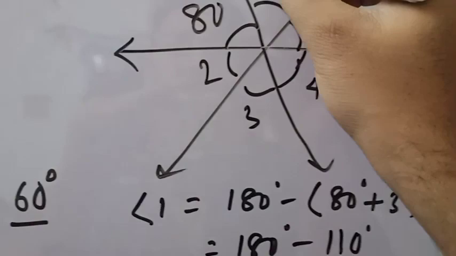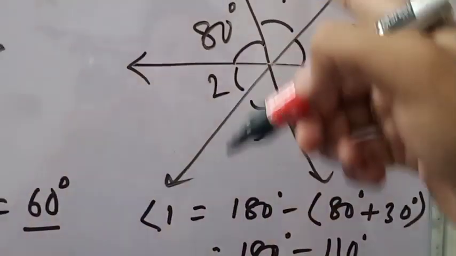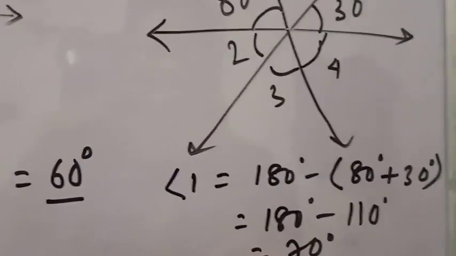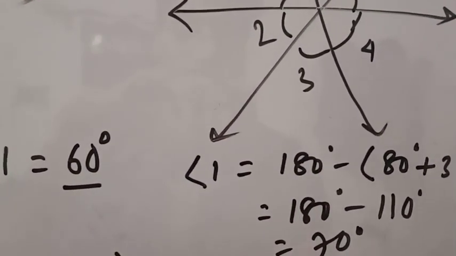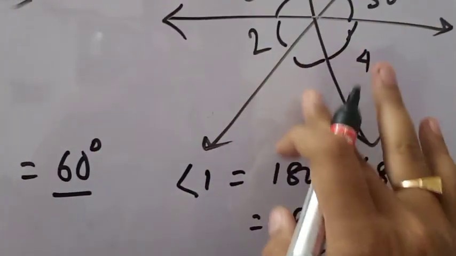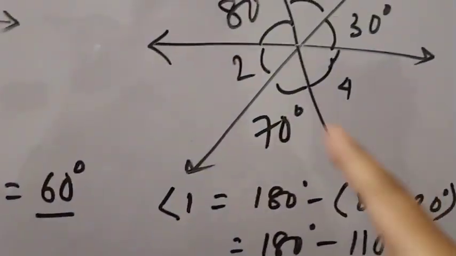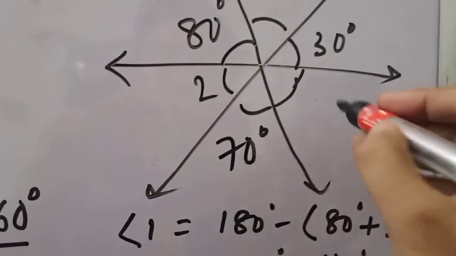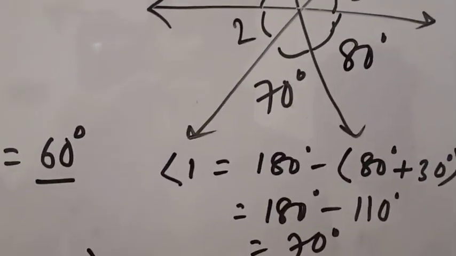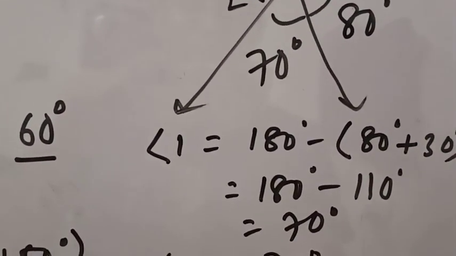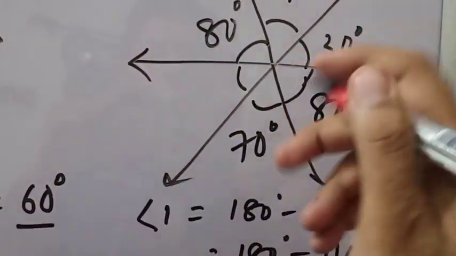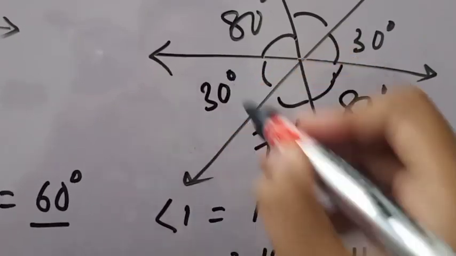This 70 degree is vertically opposite to angle 3, so angle 3 also equals 70 degree. 80 degree is vertically opposite to 4, so angle 4 equals 80 degree. And similarly angle 2 is vertically opposite to 30 degree, so this is also 30 degree.